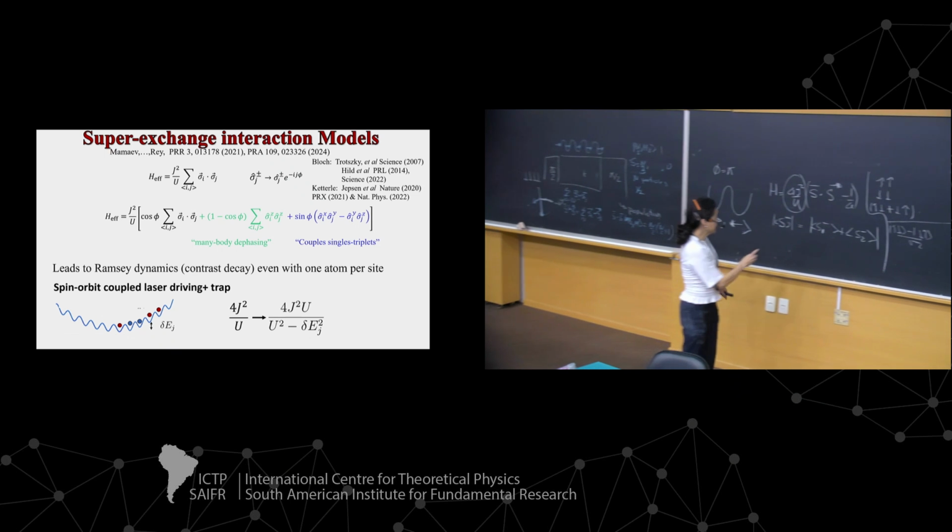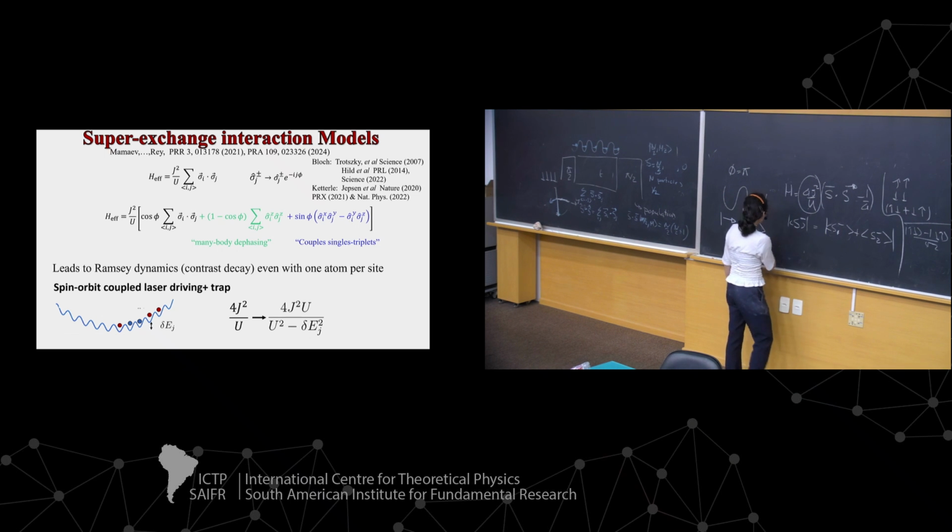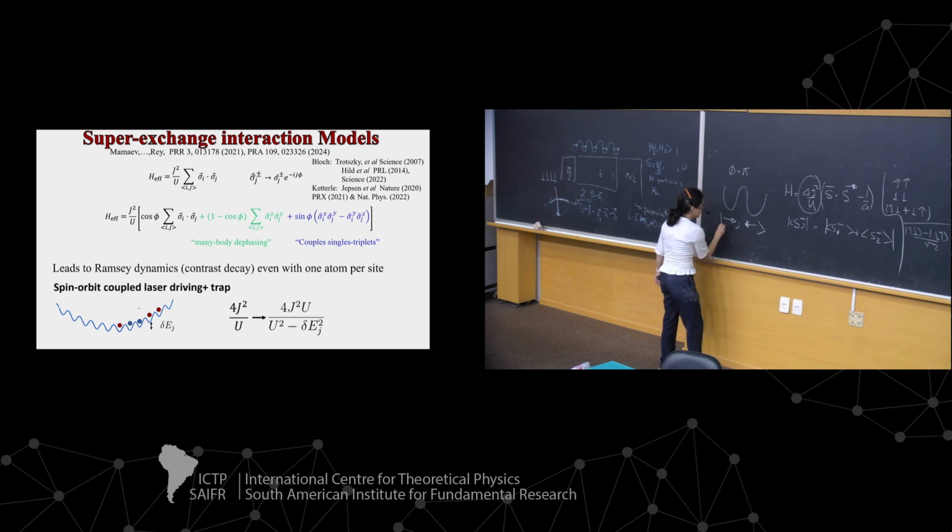Now, if you look at this initial state, this state is going to be up plus down for the first particle, and the other particle is going to be up minus down, yes, because it's in the opposite direction.